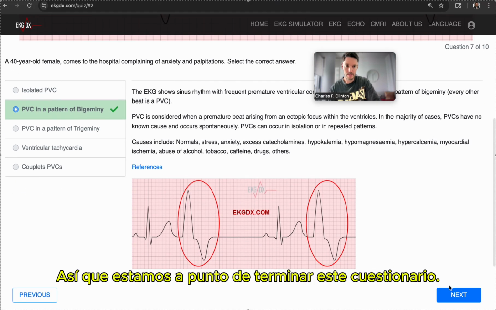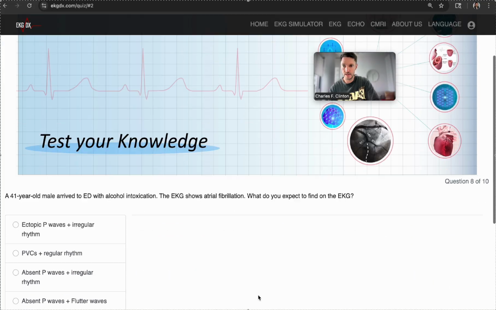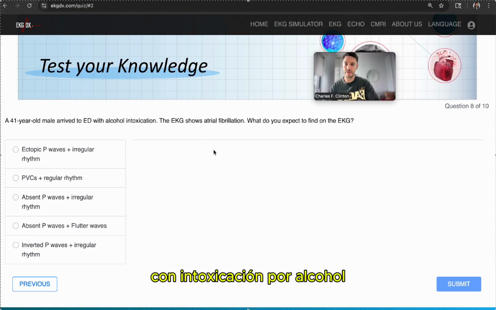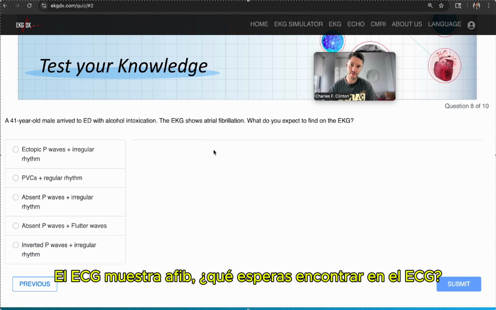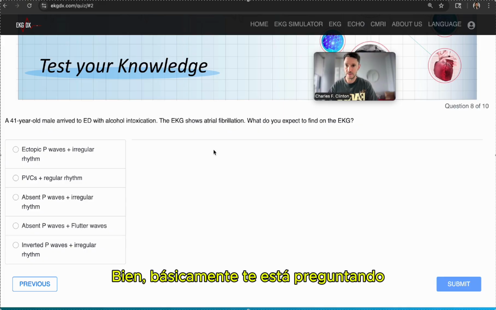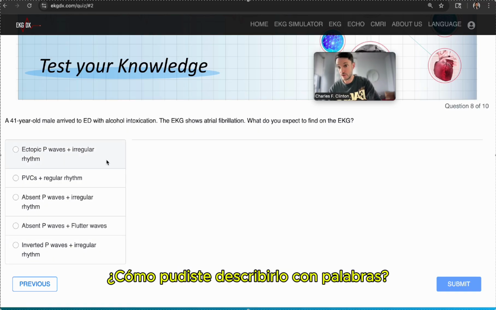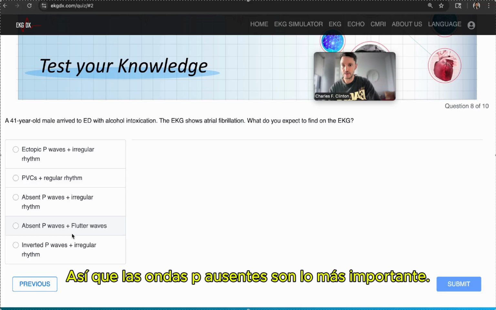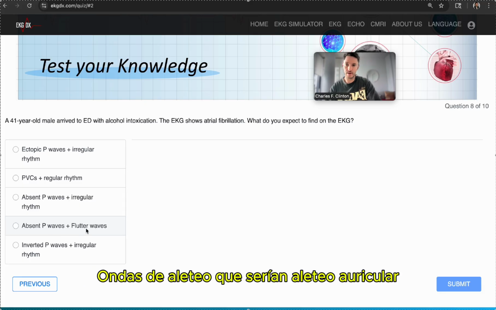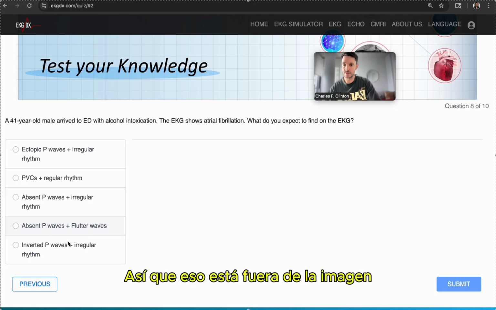Okay, perfect. So we're about to finish this quiz. 41-year-old male arrived to the ED with alcohol intoxication. EKG shows AFib. What do you expect to find on the EKG? Okay, so it's basically asking you, how does the AFib look on EKG? How could you describe it in words? So absent P waves are the most important thing. Flutter waves, that would be atrial flutter, so that's out of the picture.